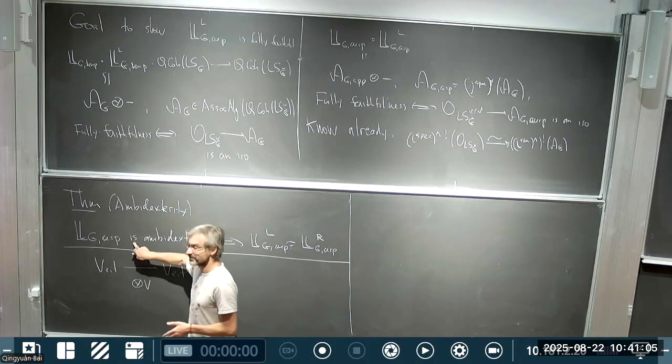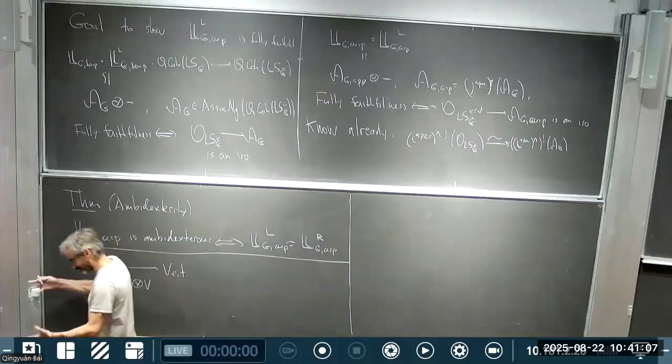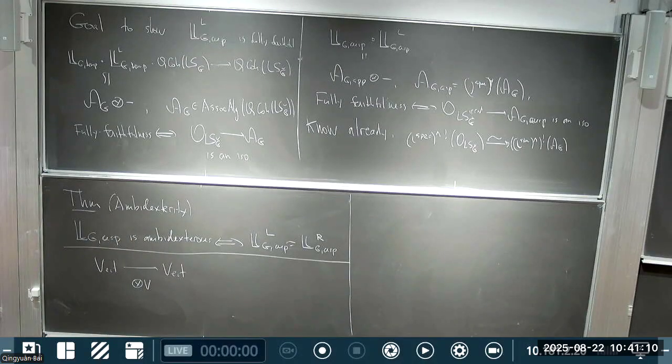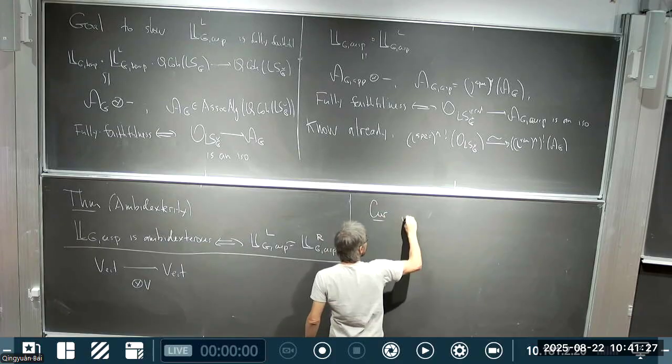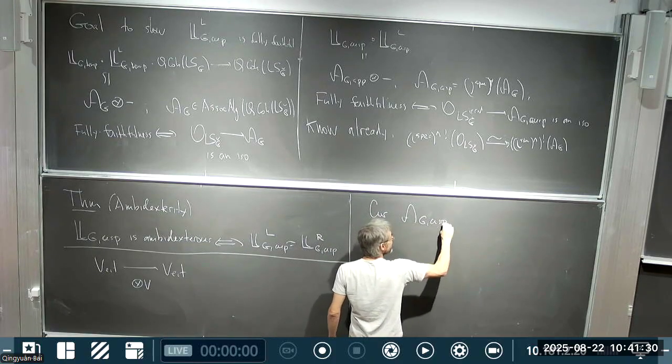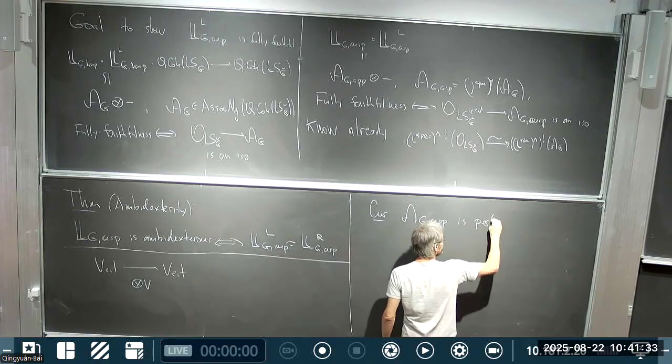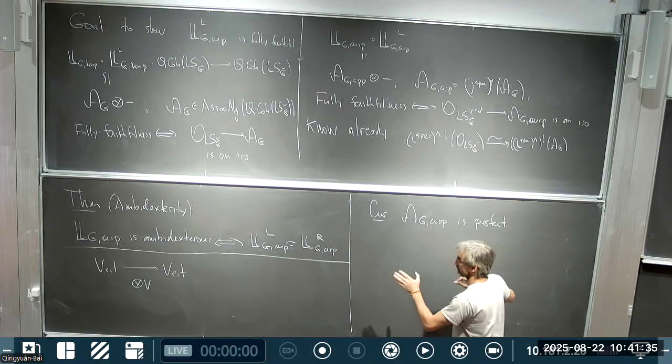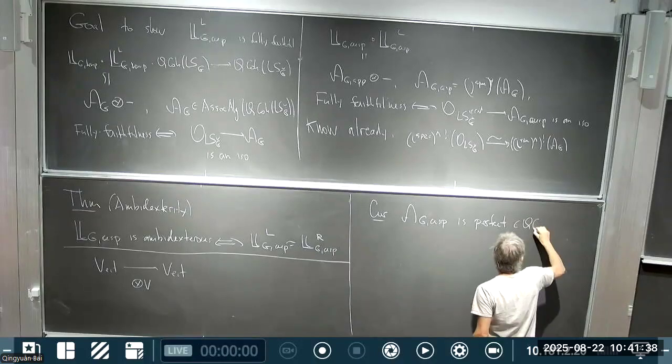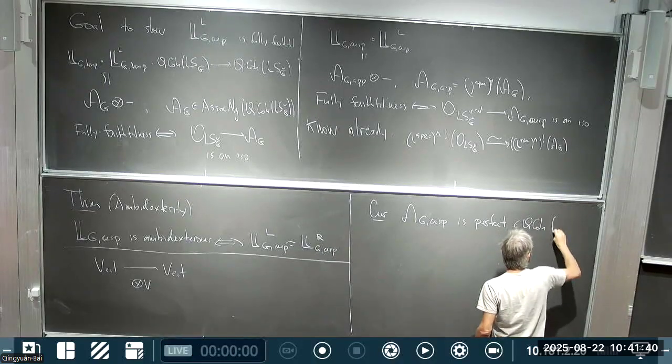This functor is supposed to be an equivalence of categories, so that's why we expect it to be ambidextrous, but it turned out we can prove it a priori, and that's what leads to the proof. So let me right away deduce a consequence. The corollary is AG cusp is perfect as an object of quasi-coherent sheaves, a compact object.